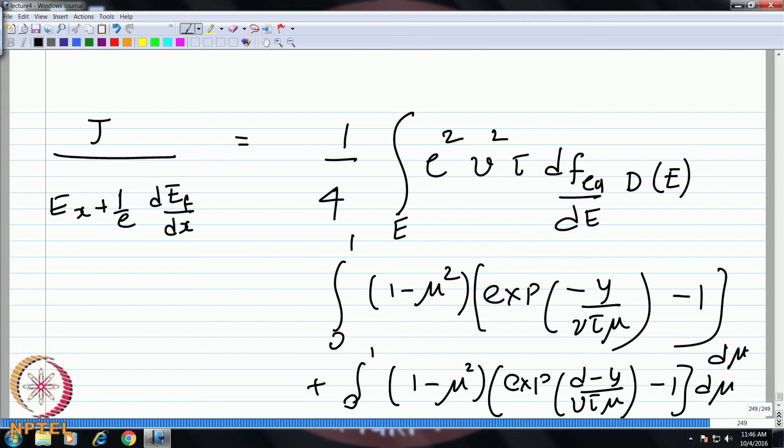right. Now, please go back to our derivation of Ohm's law, what was the expression for electrical conductivity that we got?